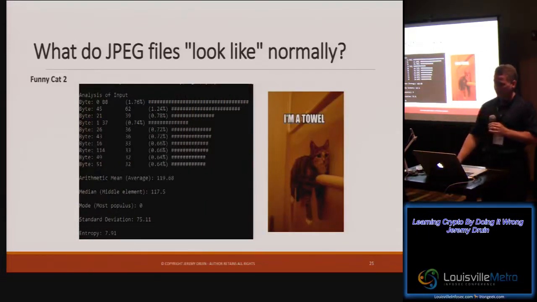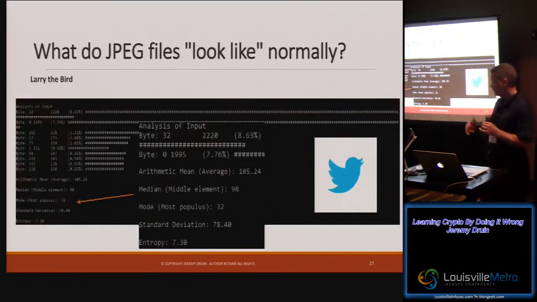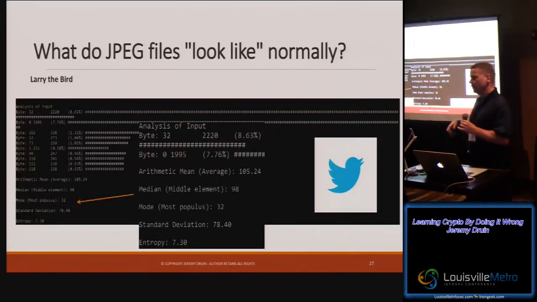And this trend continued. On the second picture of the cat, it's a little bit different: 1.76% with zeros, still very dominant. Third picture, again, 0 was very dominant. And then when we got to the fourth picture, Larry Bird actually broke the mold, because Larry Bird had the most popular byte of 32, that's space.